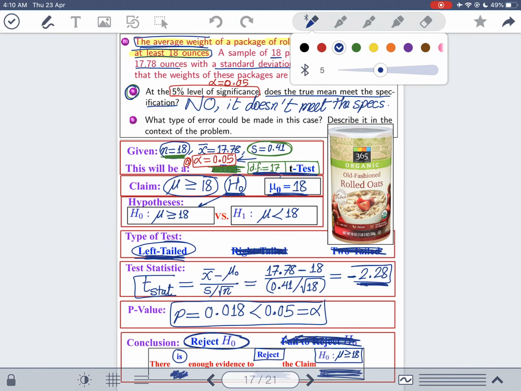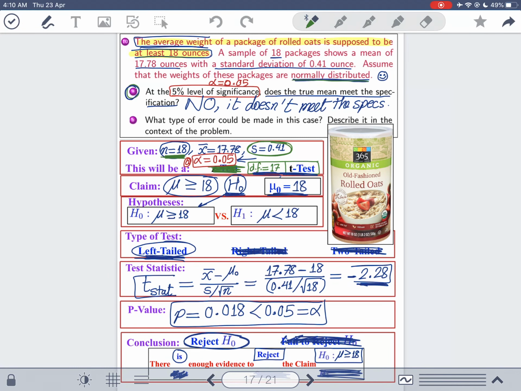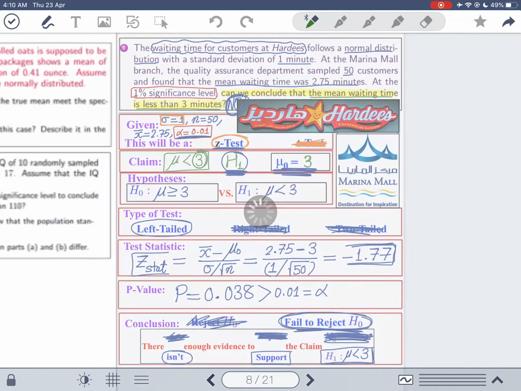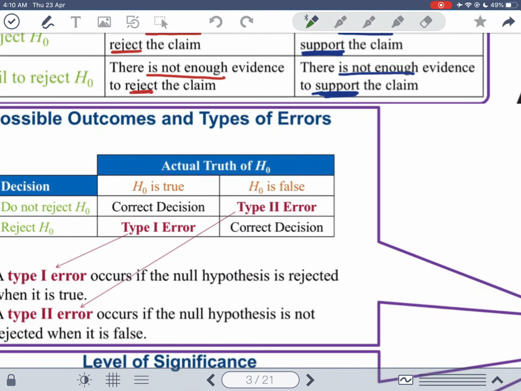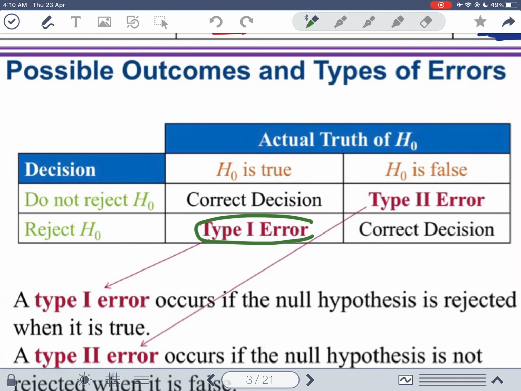And now let's look at part B. What is part B? What type of error could be made in this case? Describe it in the context of the problem. Okay, now for the type of error, remember you have two types of error, type 1 and type 2. I will just quickly remind you of type 1 and type 2 errors from the summary. So here, a type 1 error happens when you have a true null hypothesis that you reject.